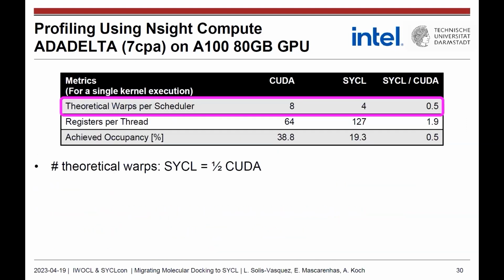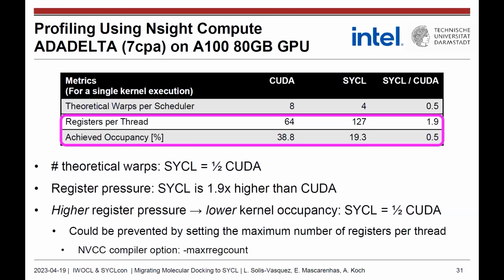Also, we have collected other measurements, and one of these is the number of theoretical warps, and SYCL can launch only half of those that CUDA can. We also found that the register pressure is higher in SYCL, almost double what CUDA has.